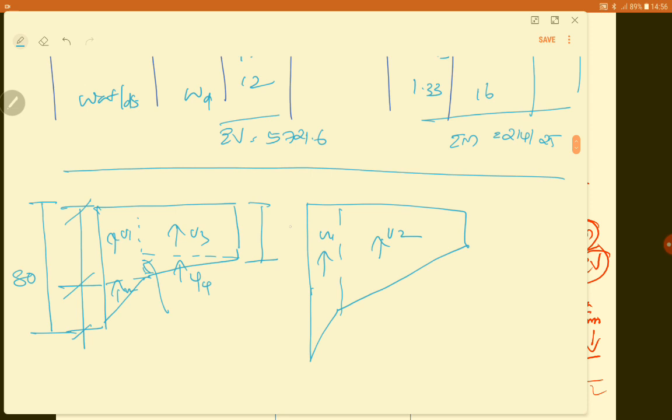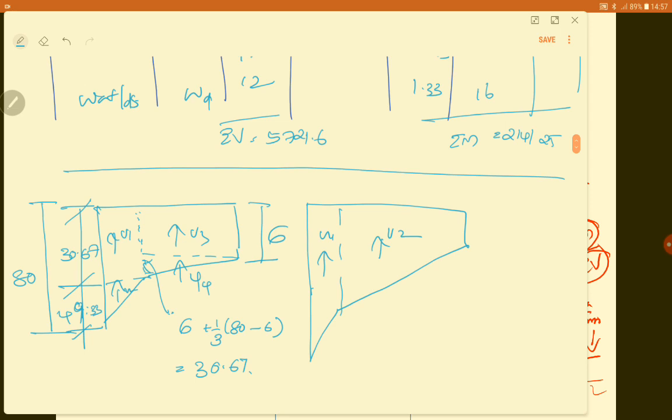Again, here you have 6, W into H dash, that is 6 into H dash, 6 here. Now, what is the ordinate at the gallery? At the drainage gallery, the value will be 6 plus 1/3 of 80 minus 6, so the value will be equal to 30.67. So this value is 30.67. What is this value? This will be 80 minus 30.67, that is 49.33. That will be the value here.